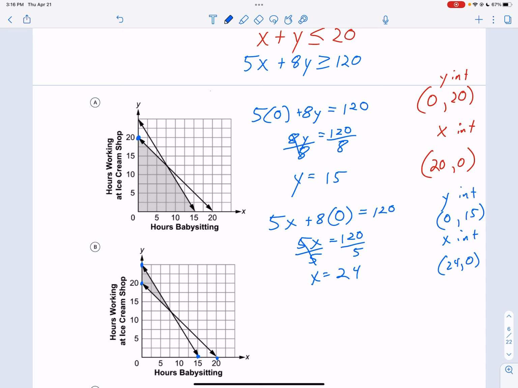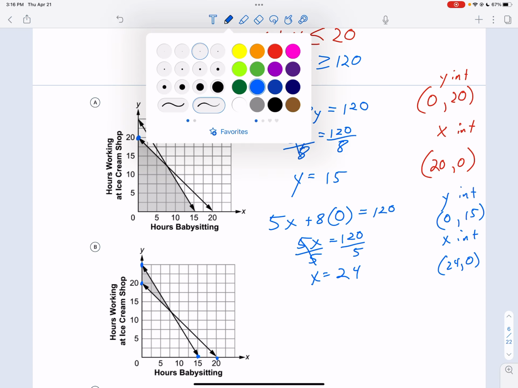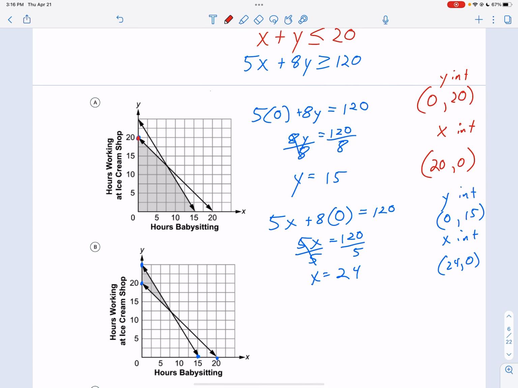That exists right here. My x-intercept of that same thing. So that's this line right here. I need it in red because I'm graphing these. So my x-intercept when x equals 20, y equals 0. All right, that line is good. That is this line.